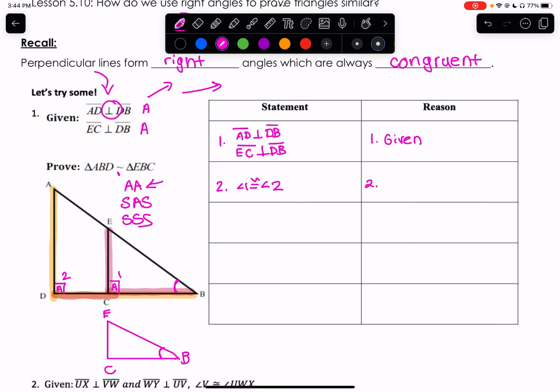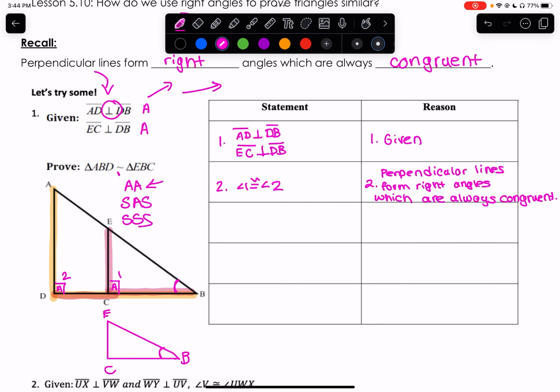So what you need to say is that perpendicular lines form right angles which are always congruent. The reason why you have to say all of those things is because that is establishing that you have right angles because of perpendicular lines, and because they are right angles, they are congruent.